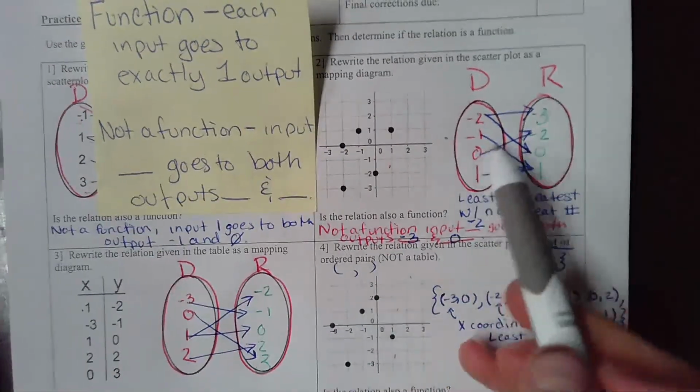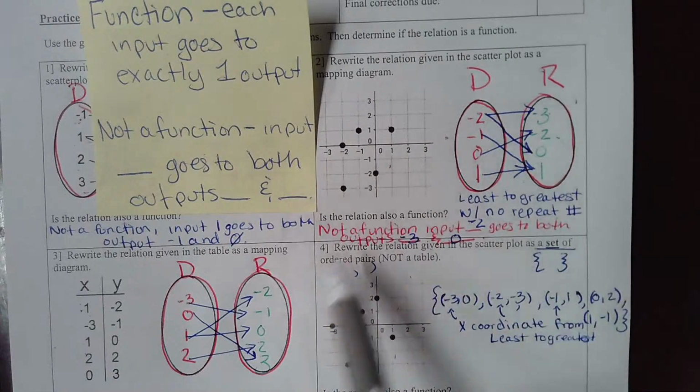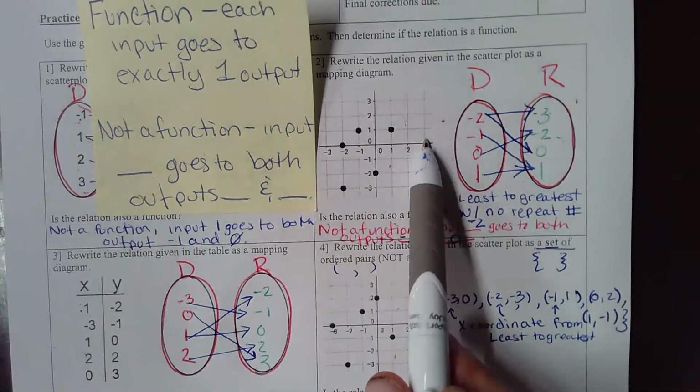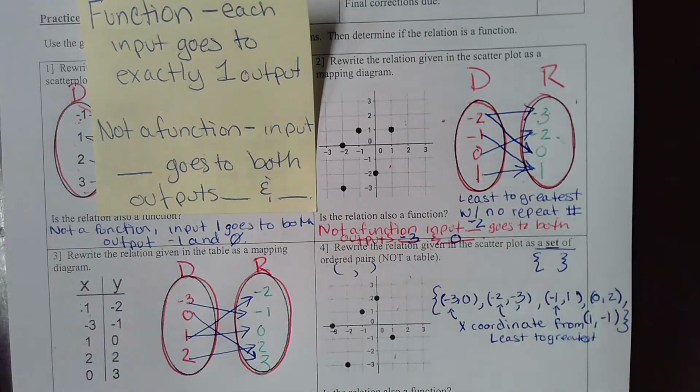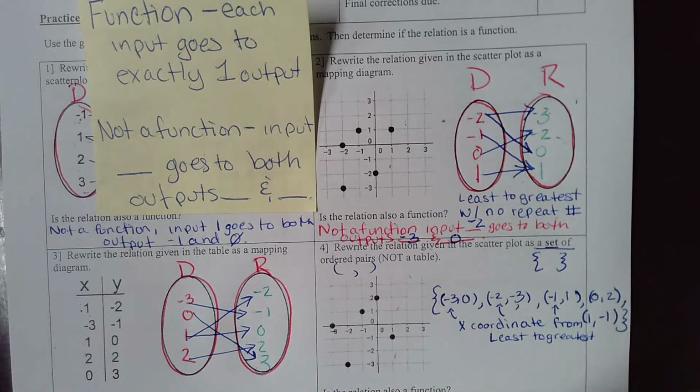We have a mapping, a graph, a table, and a set of points. Now, is this a function? This one actually is. Yes, function. Each input goes to exactly one output.